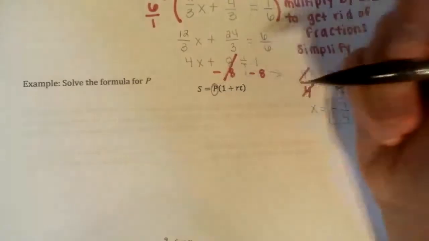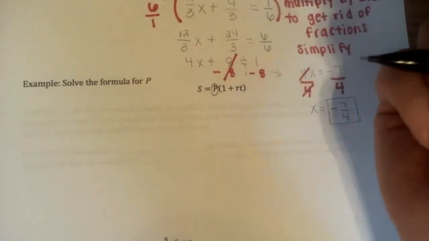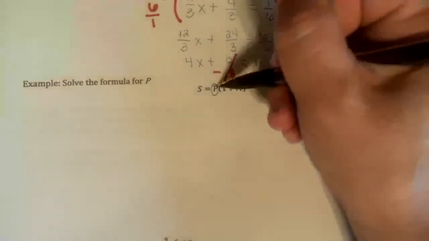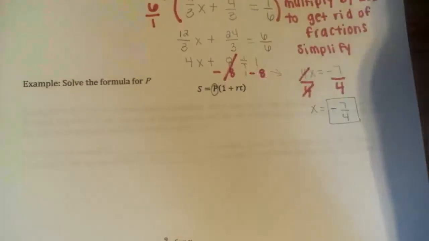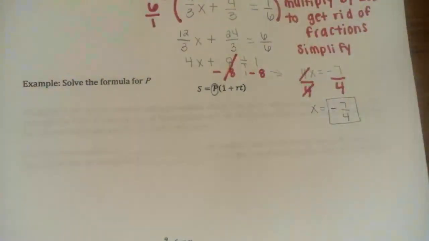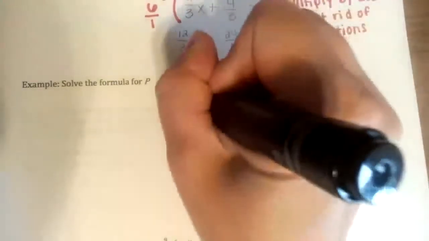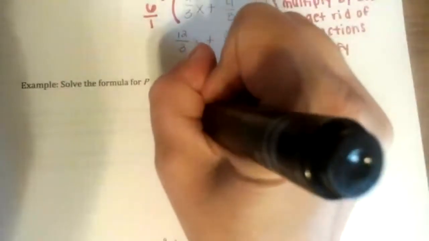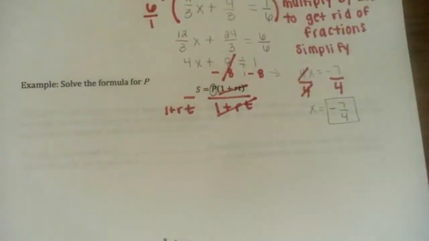So think about what's happening to P. P is being multiplied by 1 plus RT. So I want to get P by itself. What's the opposite of multiplying by 1 plus RT? Dividing. So let's divide both sides by 1 plus RT. That way 1 plus RT divided by 1 plus RT goes to 1, cancels out.